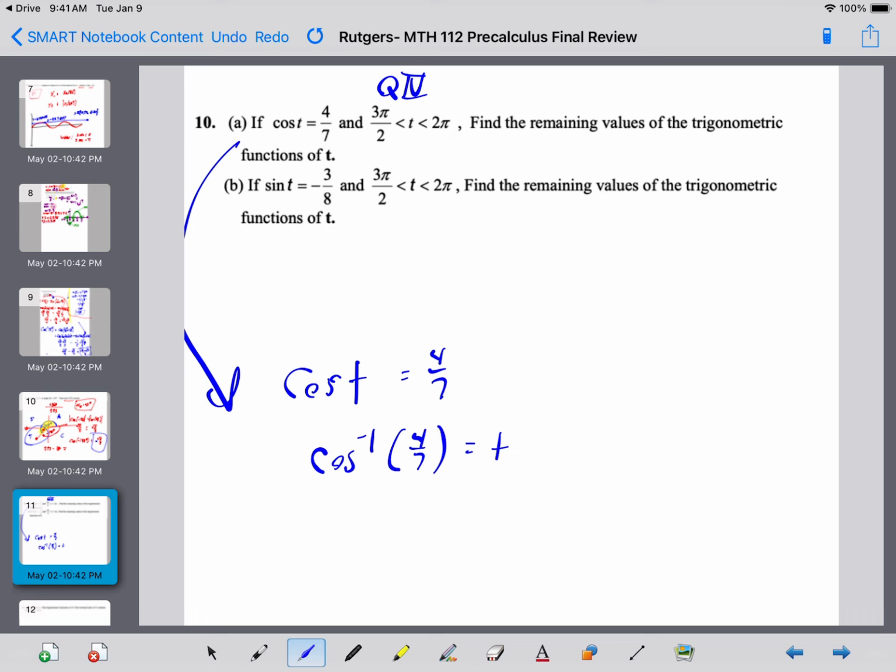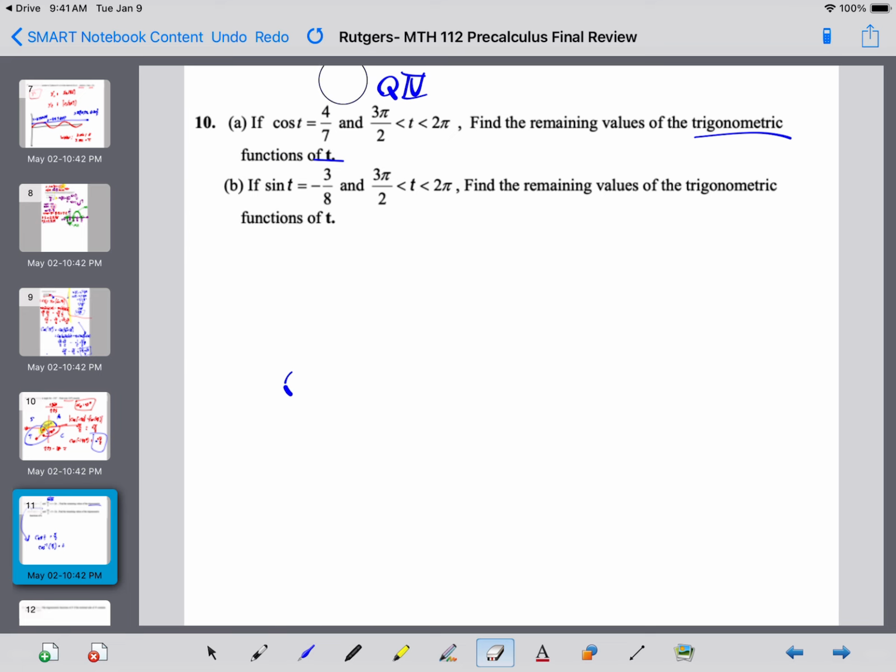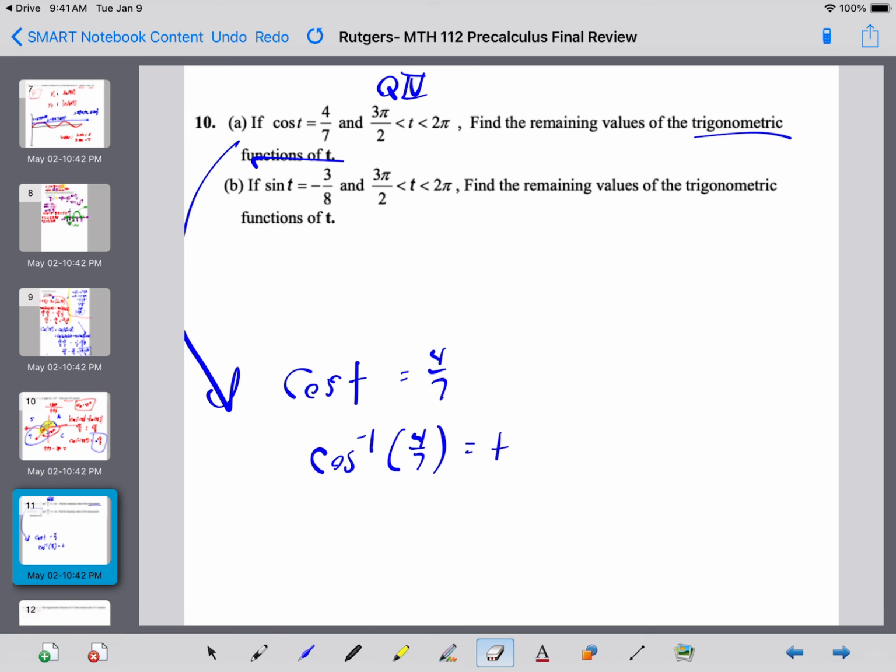It wants it in radians, so the exact value. So for 10, it does want the exact value. Oh, it's just asking for the trig functions of t. I see. Okay.